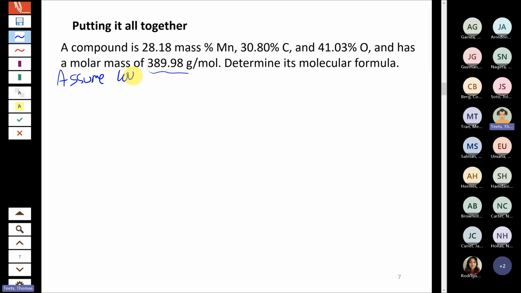So if we have 100 grams of the compound, we're going to find the moles of each element. We have 28.18% manganese, which means 100 grams of the compound has 28.18 grams of that element. We need to look up its atomic mass on the periodic table for manganese, which is Mn.